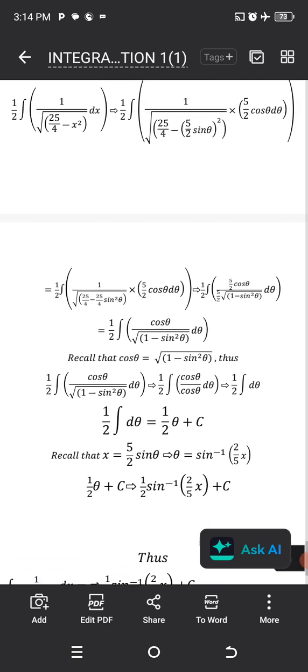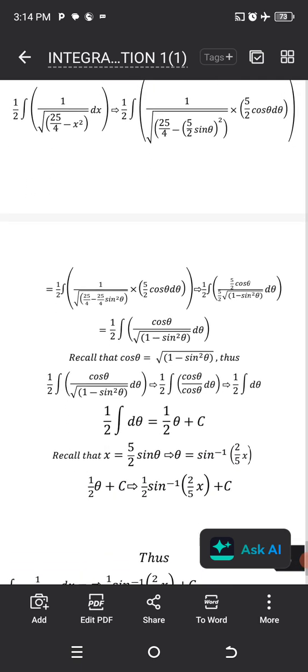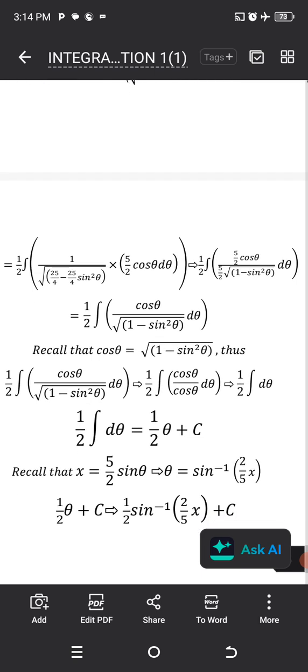That is substitution for you. Let me zoom in a little bit. So which implies 1 over 2 integral of 1 over square root of 25 over 4 minus 25 over 4 sin squared theta, multiplied by 5 over 2 cos theta d theta.